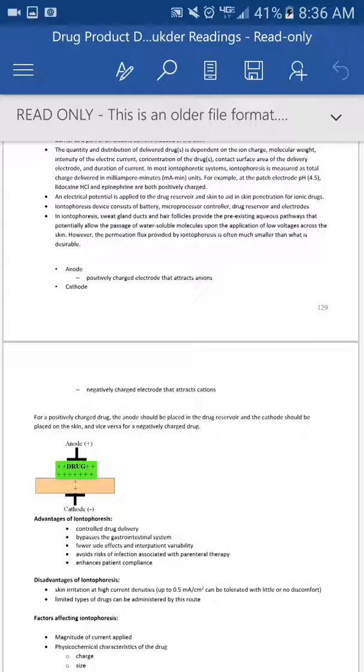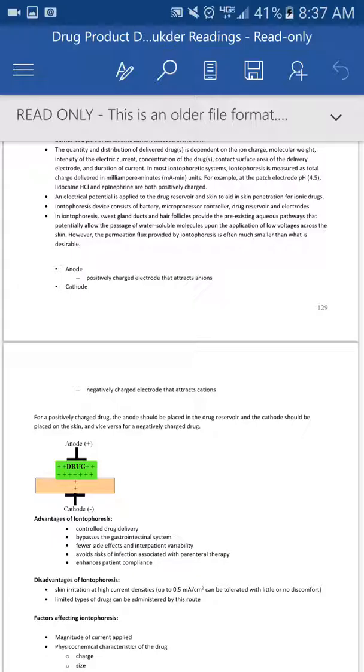So charge, molecular weight, intensity of the current, and concentration of the drugs, as well as the contact surface area of delivery, electrode, and the duration of current.